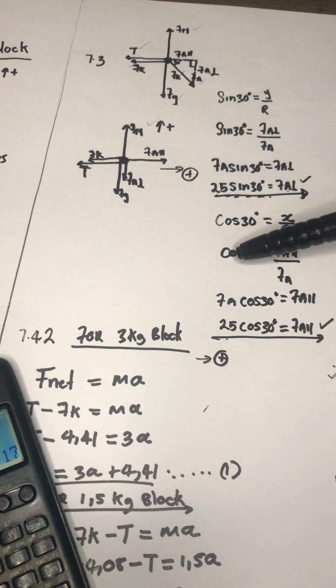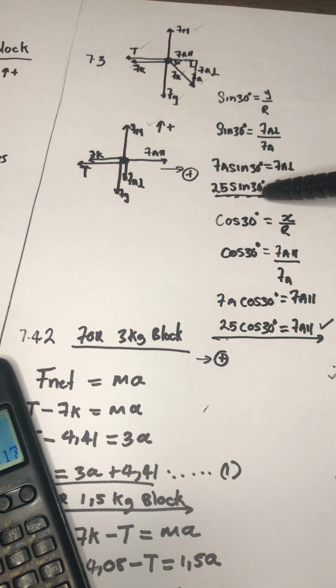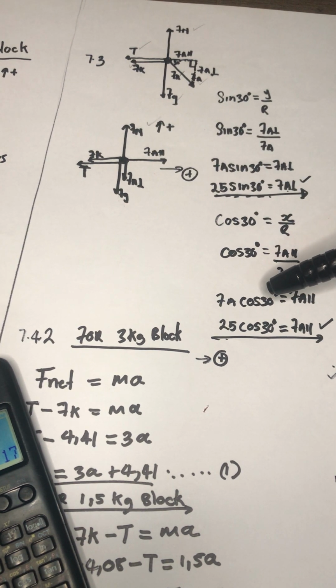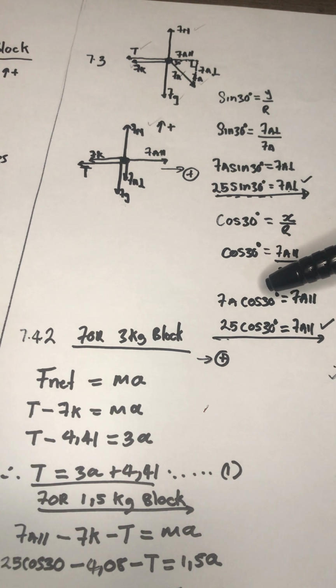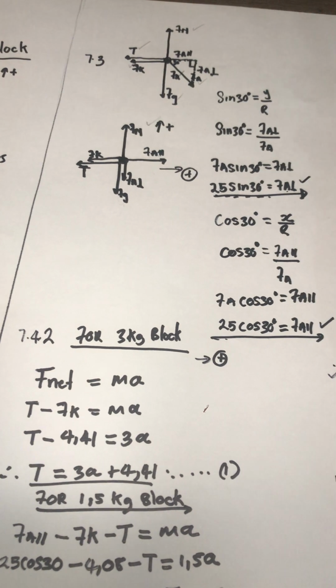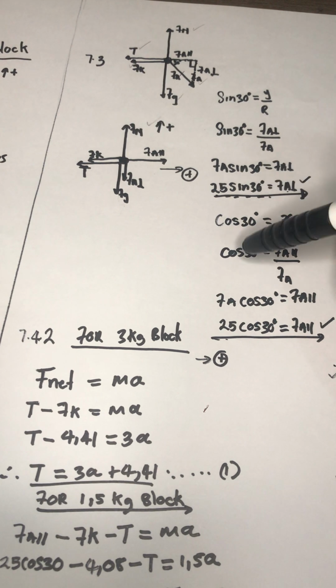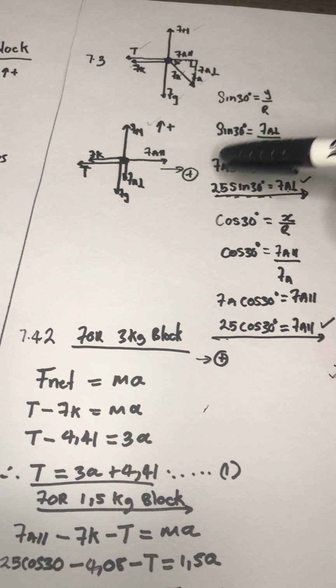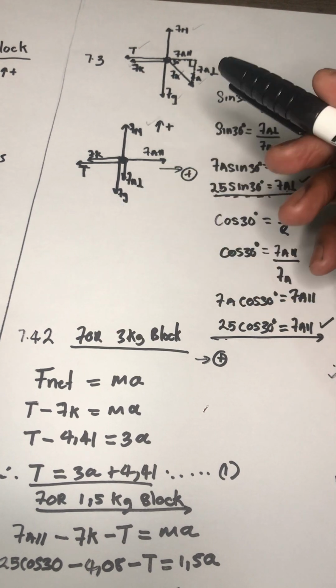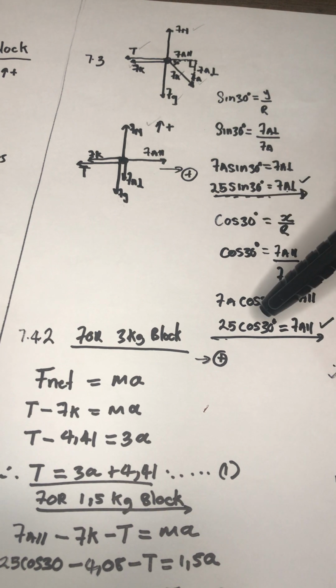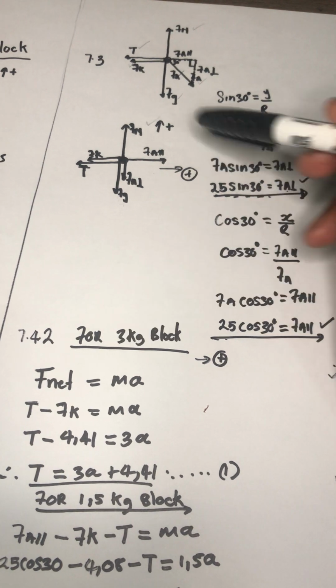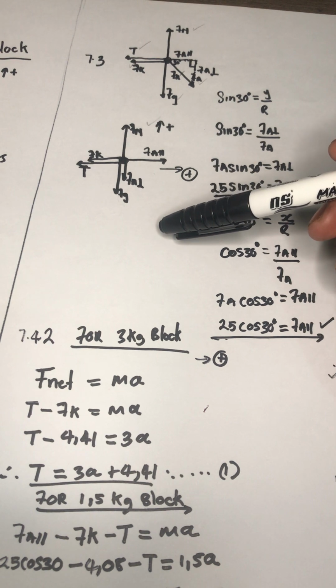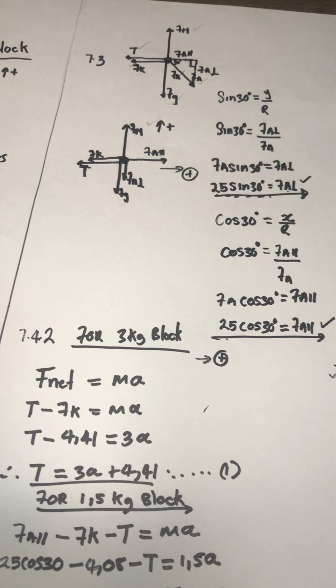The questions are similar, but we will always make the same mistakes because we skip the components, forget, and then get penalized. So we will leave it there for today's video. Next we will look at questions where the objects are hanging, because those are among the easiest questions in Newton's laws. Later we will do questions involving inclines. These are the questions I want us to look at in the next 2 or 3 videos.